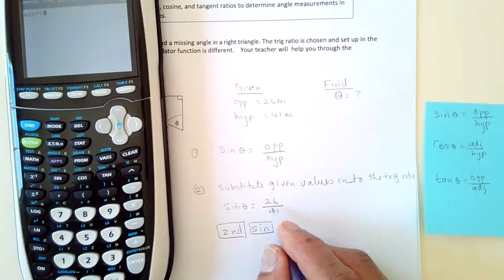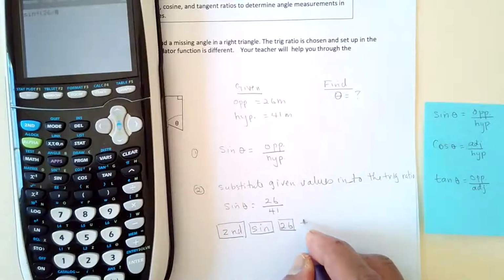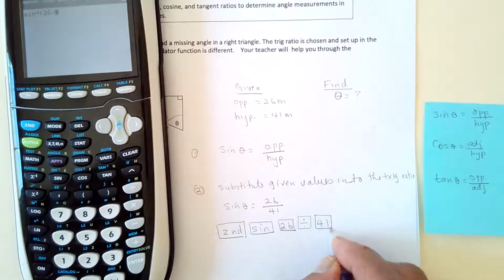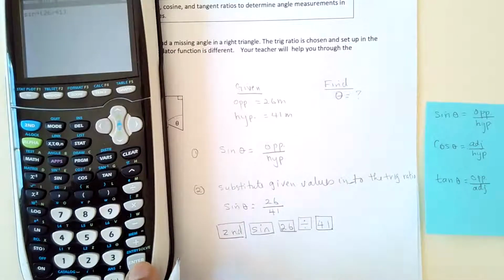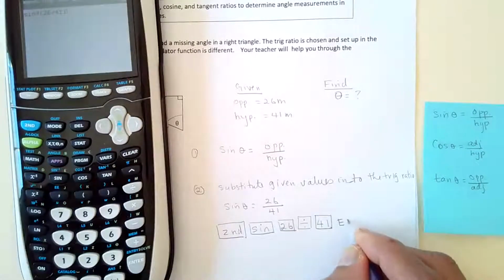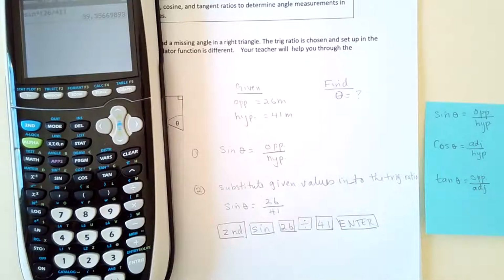And now I enter my values, 26 divided by 41. In my case, I'll press the enter button. In your case, it may be the equal button. That gives me a value of 39.35, so I'll round that to 2 decimal places.